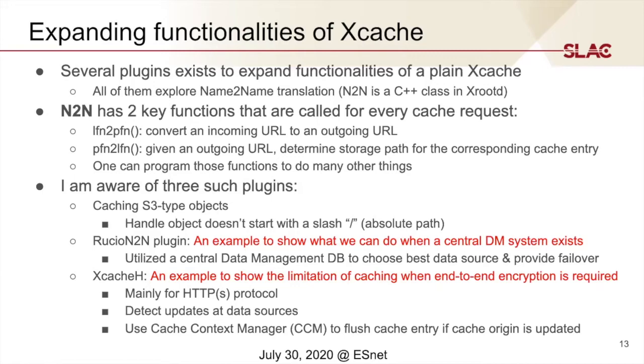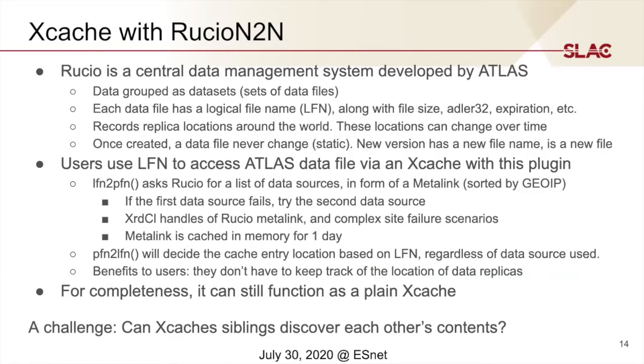This is an example to show the limitation of caching when you have end-to-end encryption requests. What will happen with a cache if people want end-to-end encryption, or don't want end-to-end encryption? So the first is Xcache with Xroot end-to-end.